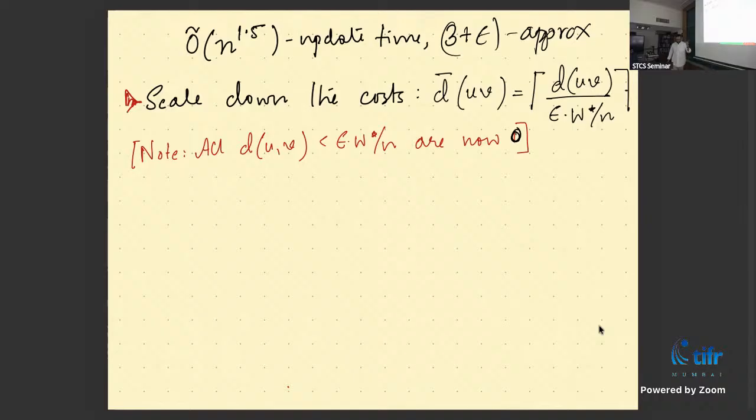But here is one place where we are crucially using the incremental nature of our problem, because the value of the optimal solution only goes up. If it goes up and down, then this doubling trick is very hard to handle, because the optimal solution can go down, and what if you have guessed a very large value? It's problematic.